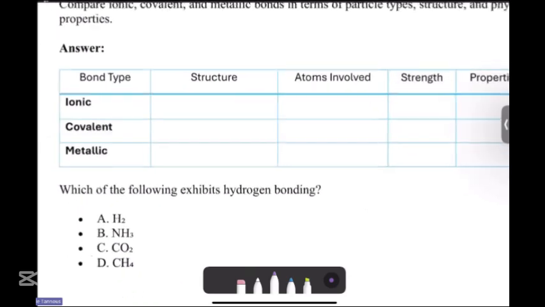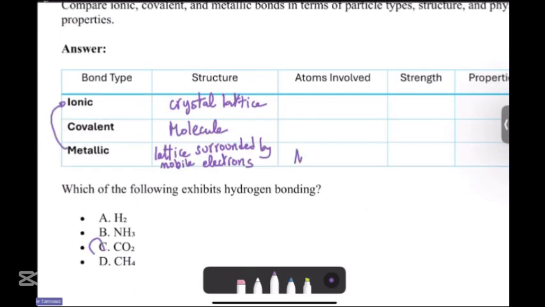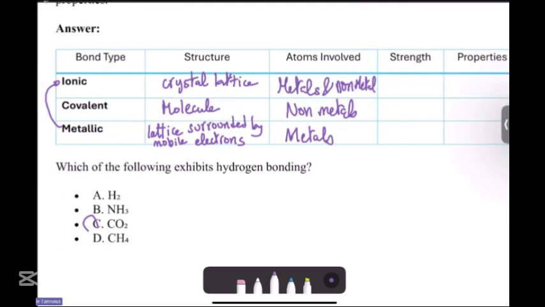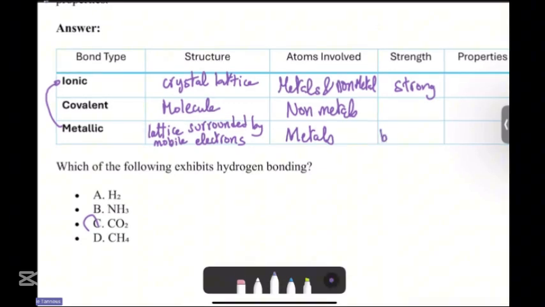Atoms involved: only metals here, only non-metals here, and here both metals and non-metals. Strength: this is the strongest, this is in between, and this is less strong, like in between.